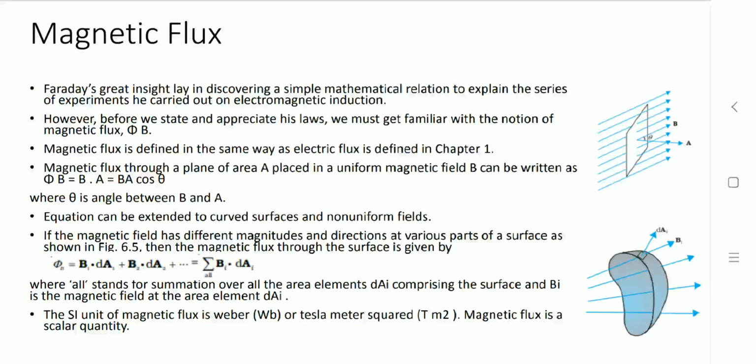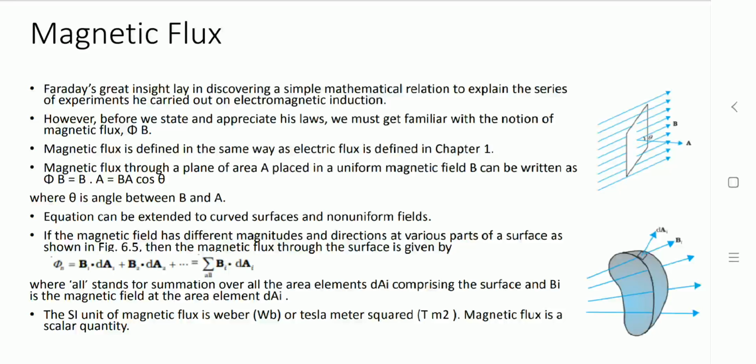But if we have a curved surface, the magnetic field passes through in different directions, so there is a different angle between B and A. So we take a small portion of the area through which the magnetic field is directed, take the flux of each smaller area, and add each flux individually. So we are able to get the total flux of curved surfaces.